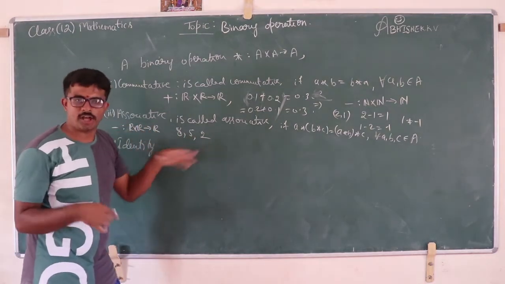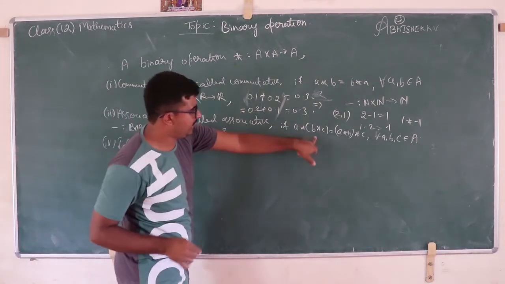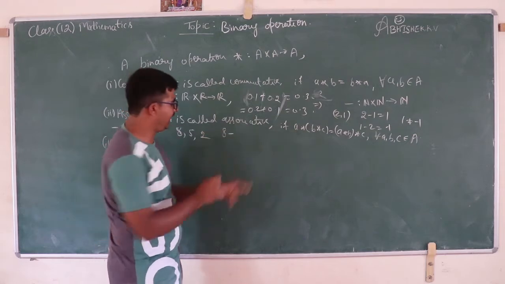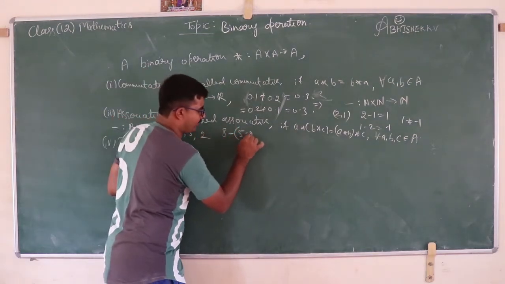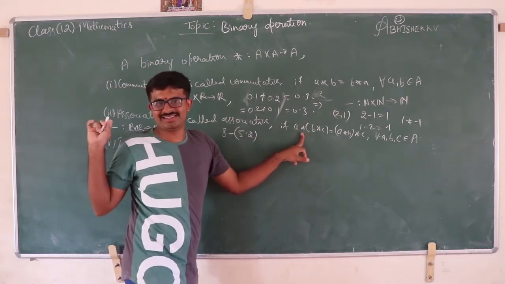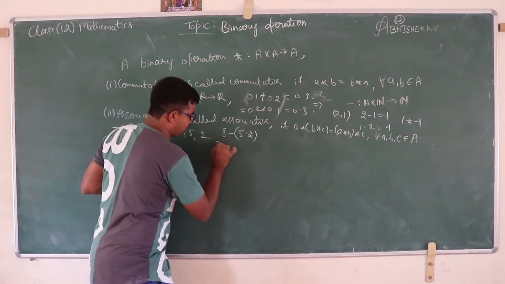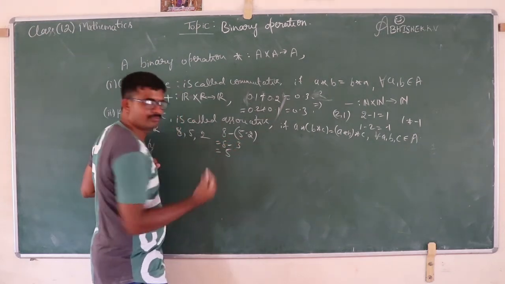Since 8, 5, 2 belong to the set of all real numbers, consider LHS: 8 minus of 5 minus 2. See here, star, the binary operation, is subtraction. 5 minus 2 is 3. What is 8 minus 3? 5.